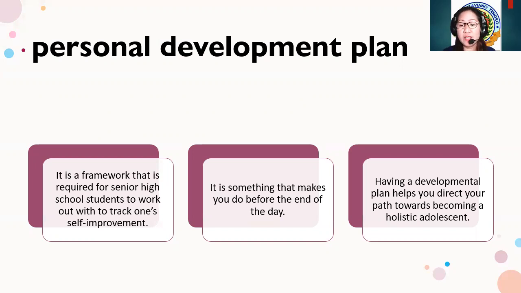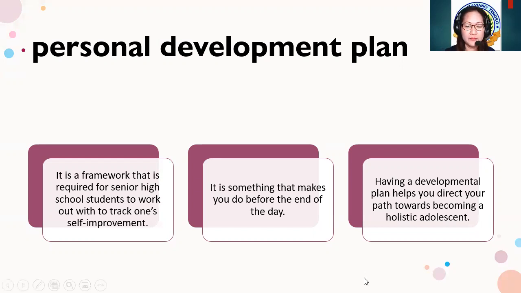When we say holistic, it means all aspects of yourself are continuously developing together. What are those aspects? It can be intellectual, physical, emotional, social, and spiritual. All aspects should develop together for you to become a holistic adolescent.